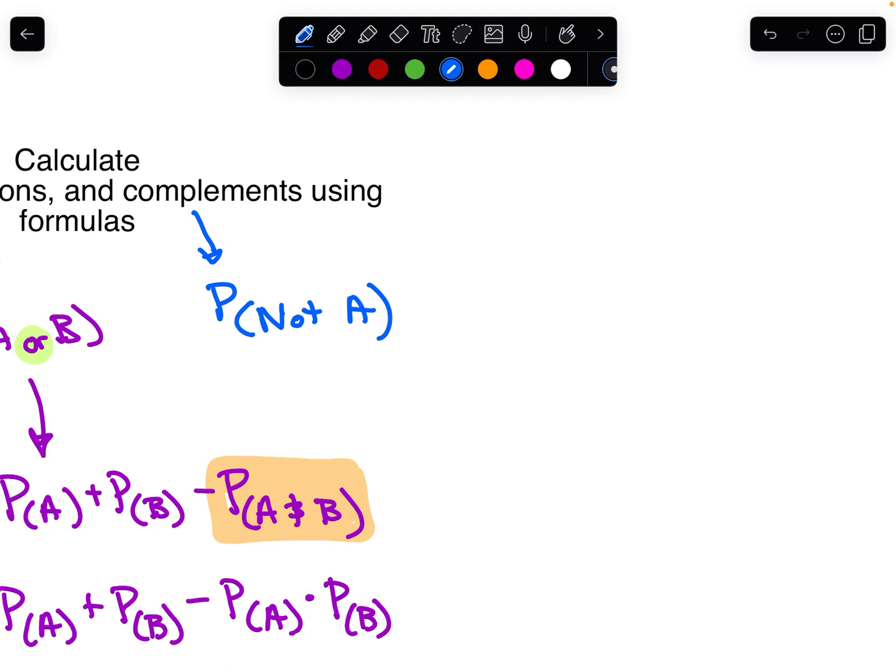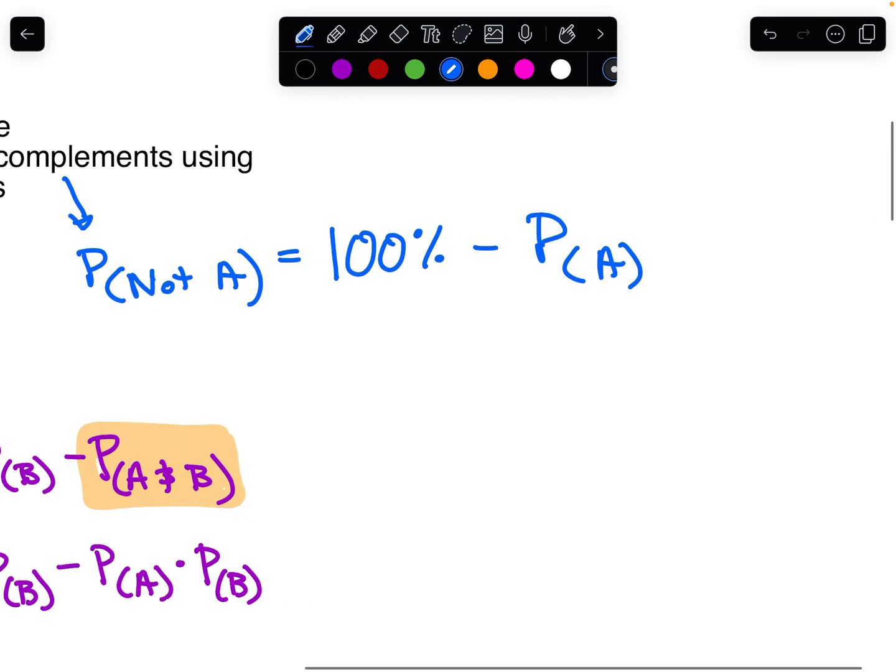The last one we're going to look at is a complement. This is the probability of something not happening. And so the easiest way to do that is to take 100% minus the probability that it did happen. Sometimes the notation you'll see for "not A" would be A apostrophe.